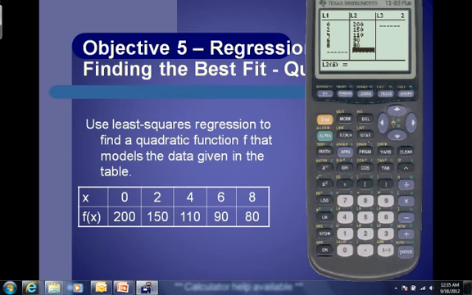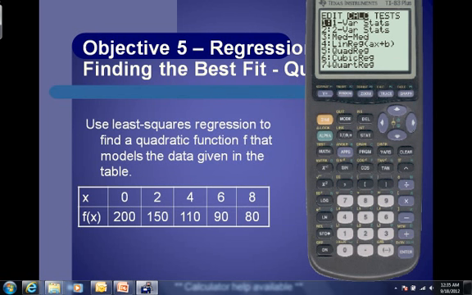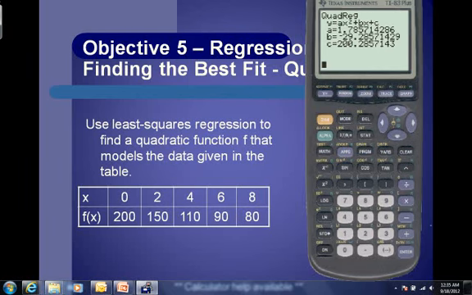Now this time when we go to Stat and we go to Calc, instead of doing option number 4 like we did for linear, we are going to go down to option number 5, which is quadratic regression. Press enter, and that gives us our data.